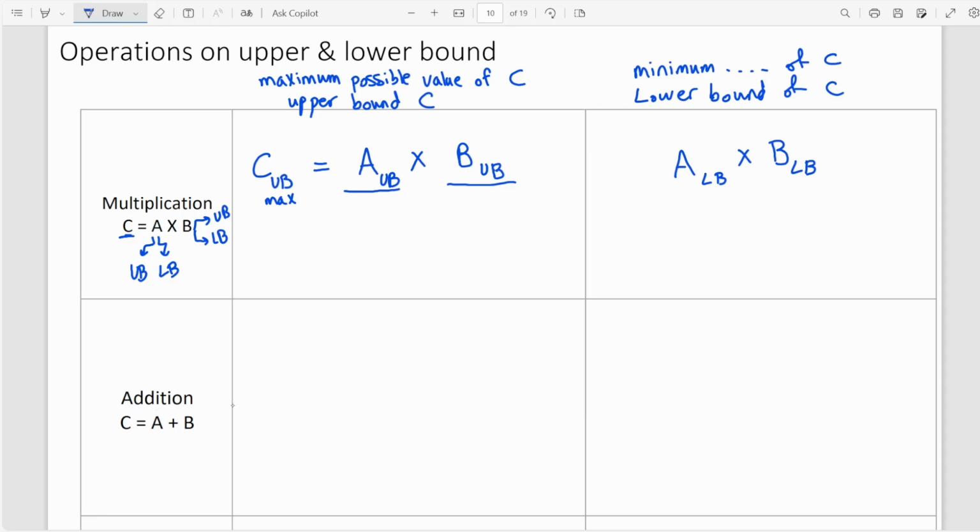Now, for addition, it's the same thing. You're adding two numbers. So if you have a bigger number here and a bigger number here, you would get the maximum result.